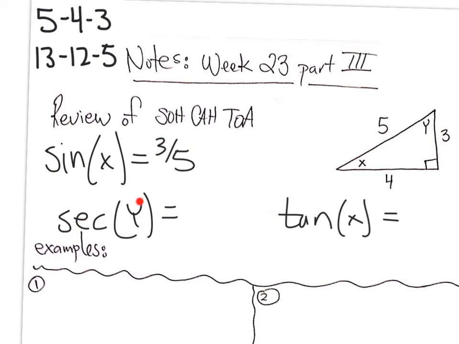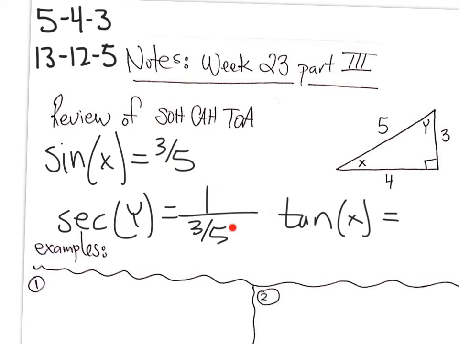If the question asked us for the secant of y, so here's angle y, this would be the adjacent and opposite and hypotenuse. Secant we know is 1 over the cosine. So 1 over cosine, and cosine of y would be adjacent over hypotenuse. So 1 over 3/5.